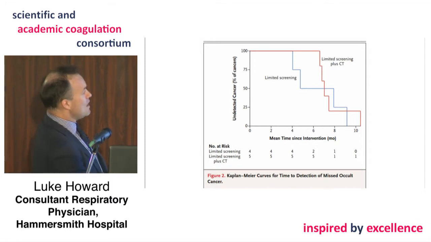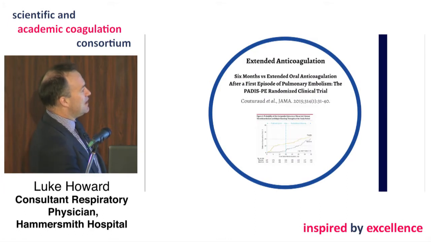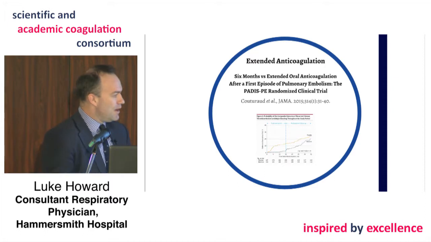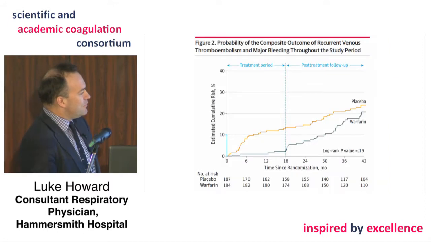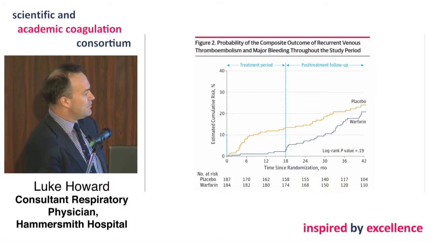Now, with unprovoked PE: extended anticoagulation, 6 months versus extended. This study looked at 6 months of anticoagulation plus another 18 months in this group here with warfarin, and the other half of the patients were randomized to placebo.